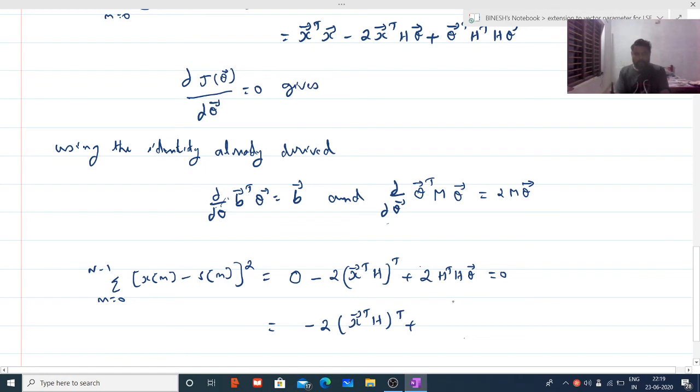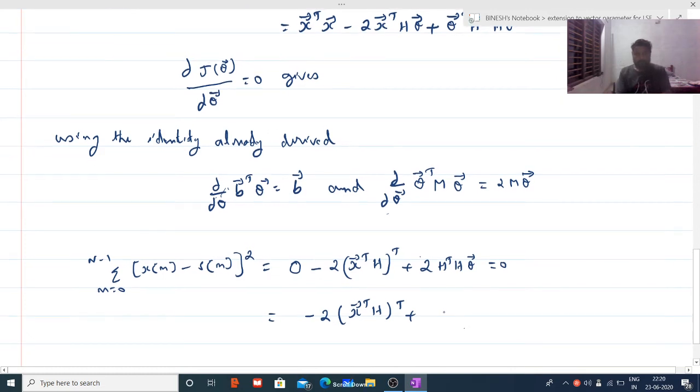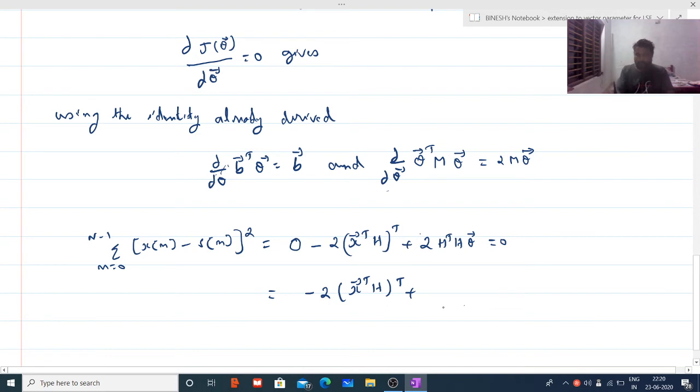Is 2 X transpose H, B transpose B, theta is nothing but H. So that changes to 2 H transpose H theta equal to 0.